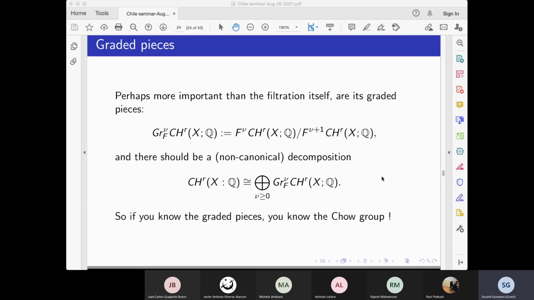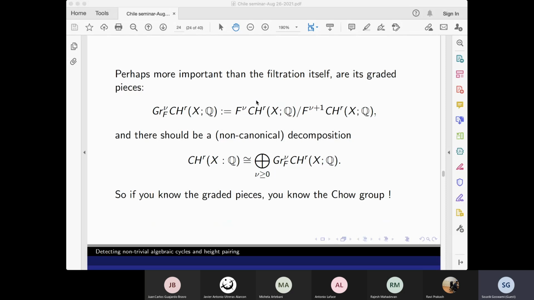In some sense, the graded pieces of the filtration are more important than the filtration itself, in the sense that we have a non-canonical decomposition of the Chow group using the graded pieces. And sometimes, at the level of cohomology theory, you will come across examples where the graded pieces are easier to find than the actual filtration.